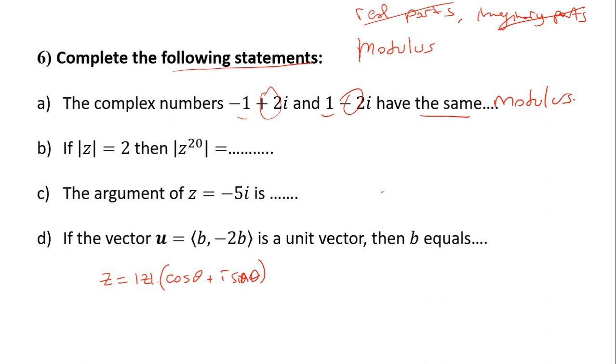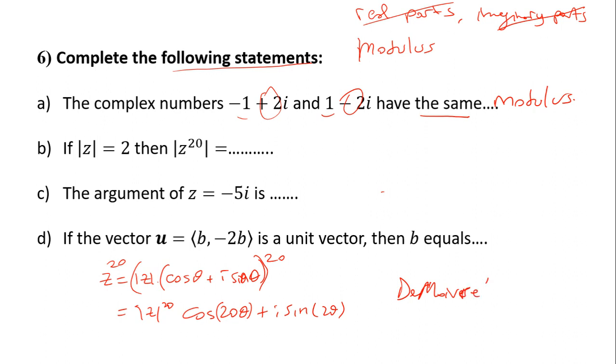And when you take the nth power or 20th power of this, it will be the 20th power of the norm, and then cosine 20 theta plus i sine 20 theta. So this is De Moivre's theorem or rule.